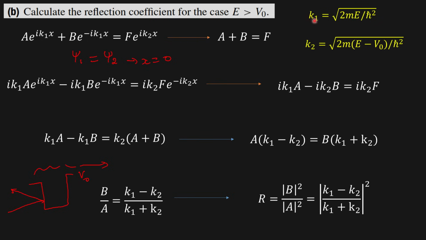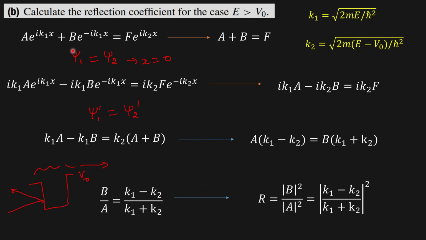I have already defined what k1 and k2 are. So now the wave function and its derivative must be the same. Psi1 prime must be equal to psi2 prime at x equal to 0. So you differentiate this, you will get ik1 A e power ik1 x.